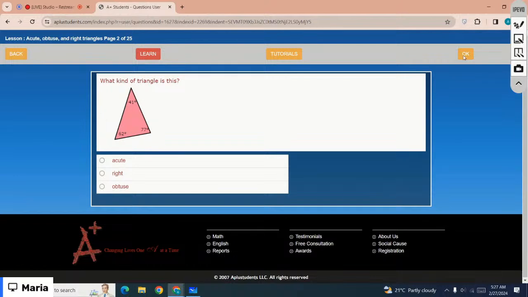The correct option is acute, right? Because all the angles are less than 90 degrees, so that is an acute triangle. Got it?